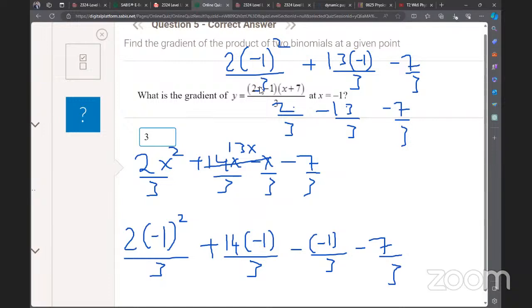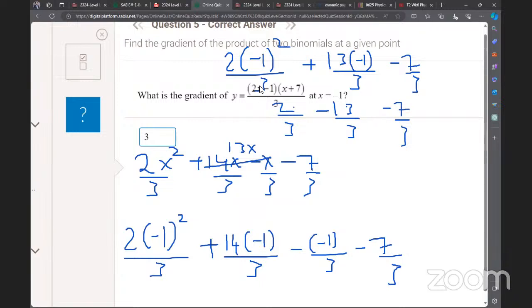I will make sure now: 2x minus 1, and then we have x plus 7, over 3.